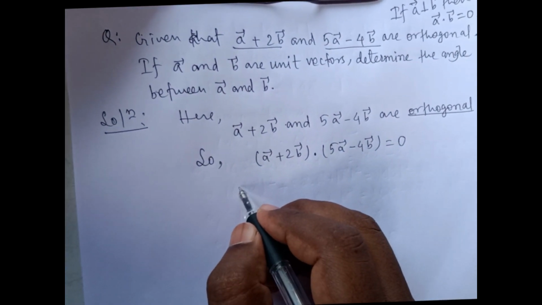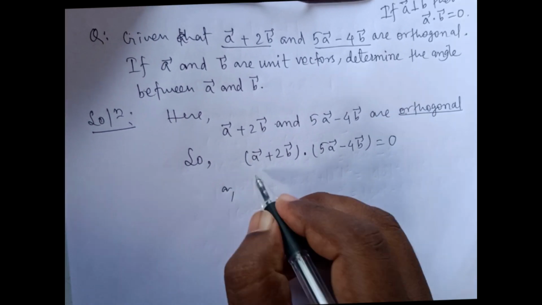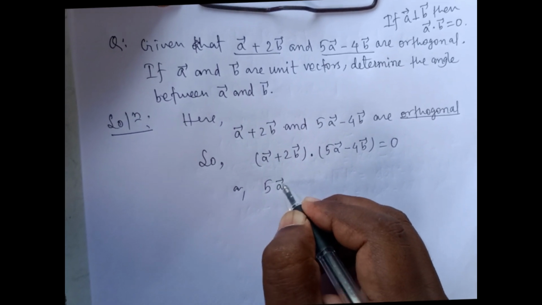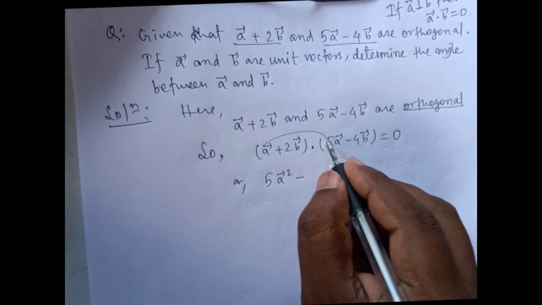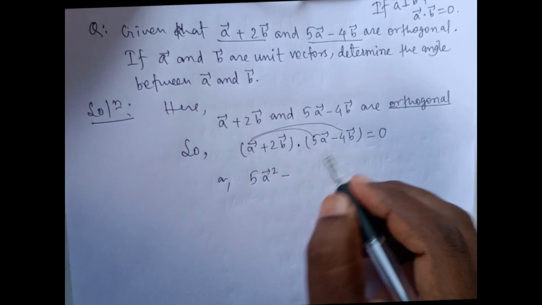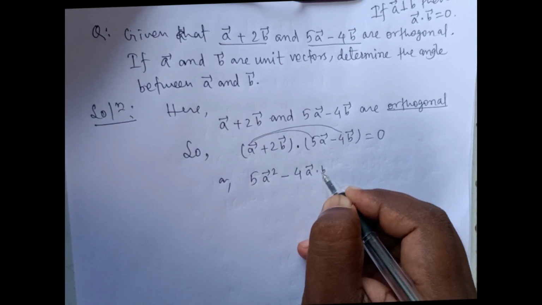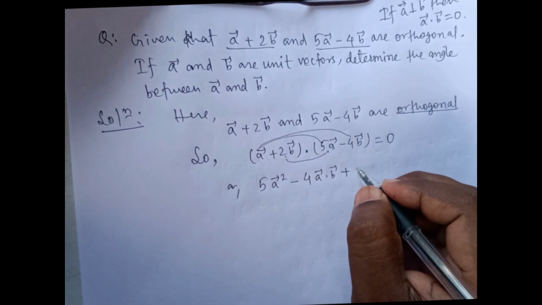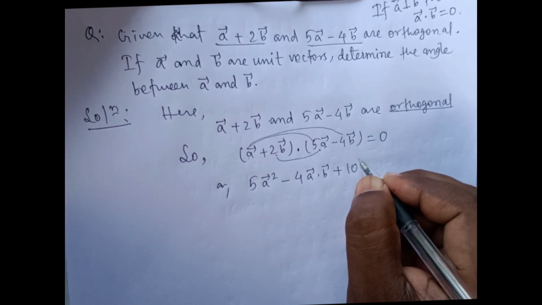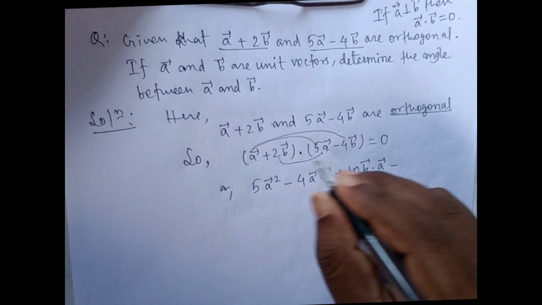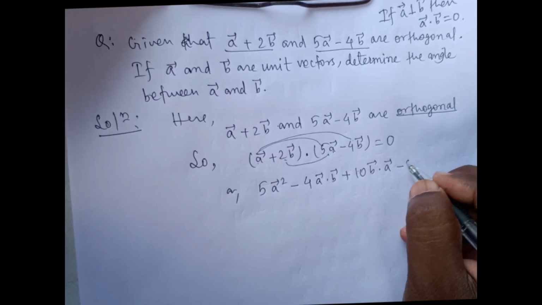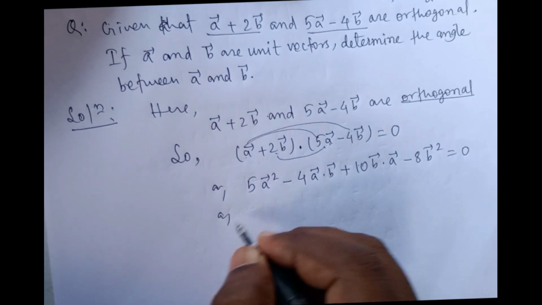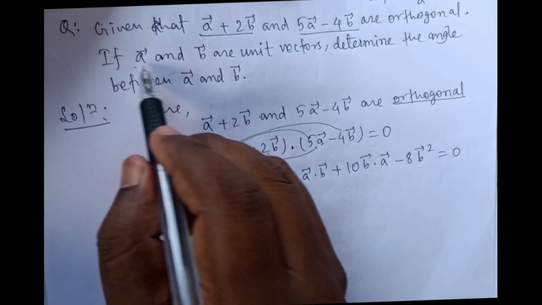Now let us multiply: 5a² − 4a·b + 10b·a − 8b² = 0.